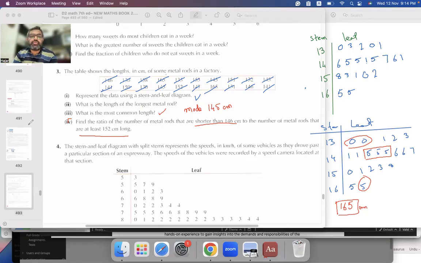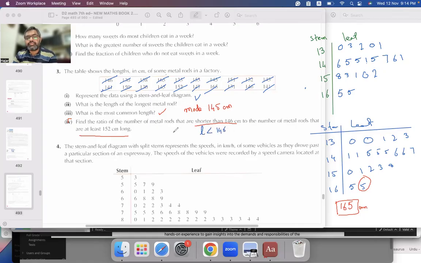We have to be careful when we have to include something or exclude something, because in percentage, it will make a big difference. So first we count those numbers which are shorter. I dropped 10. I should put it back over here. So usually we write down L less than 146.